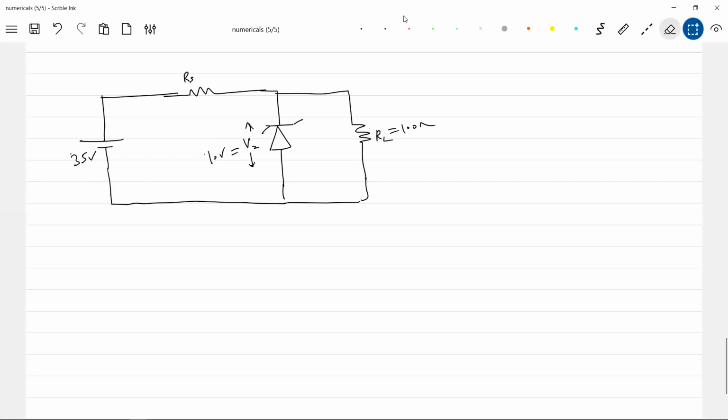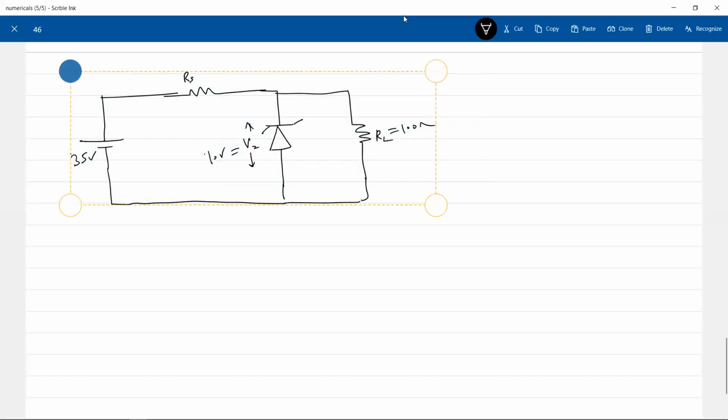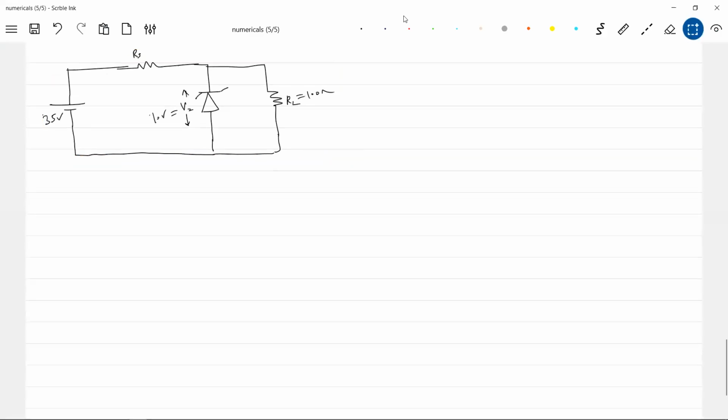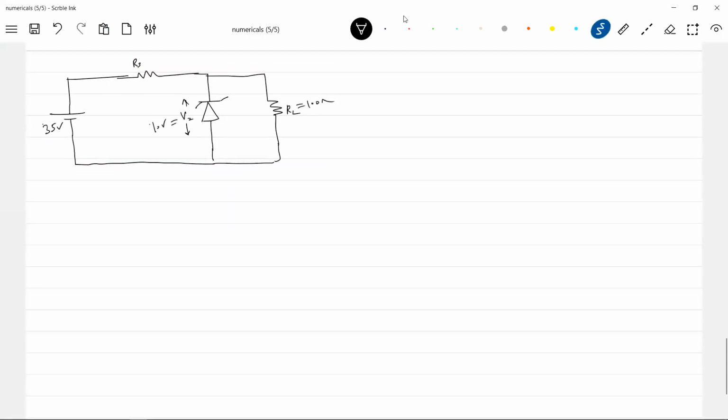So I'll begin with the discussion. What is the question? Find the value of RS, first one.